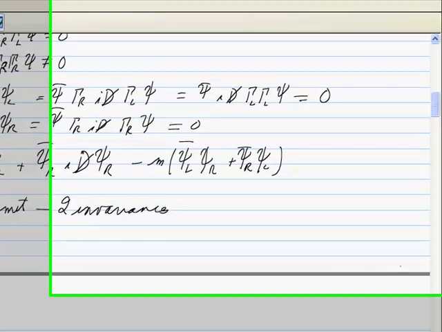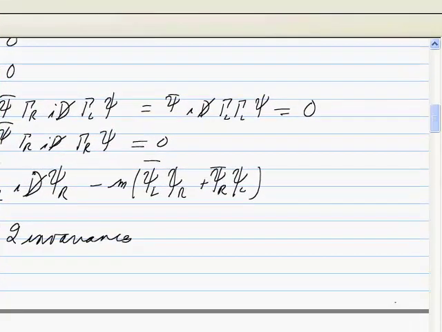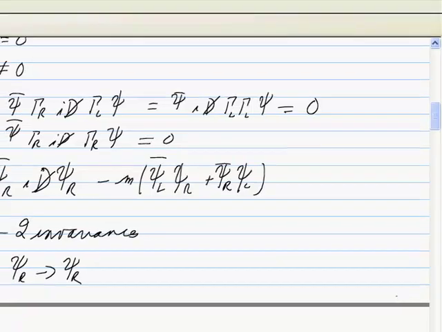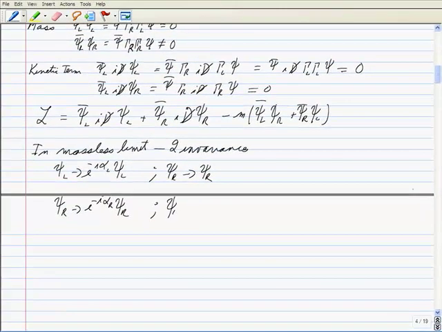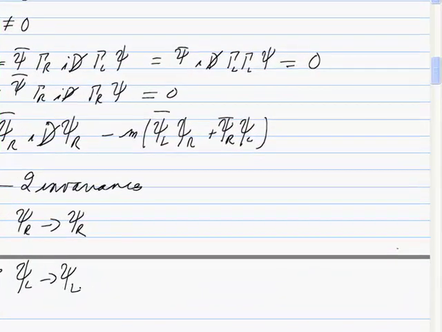You can have psi left goes to e to the minus i alpha left, psi left, with psi right being unchanged, or you can have psi right goes to e to the minus i alpha right, psi right, with psi left being unchanged. Those are two separate invariances.